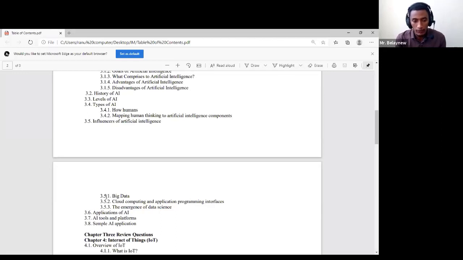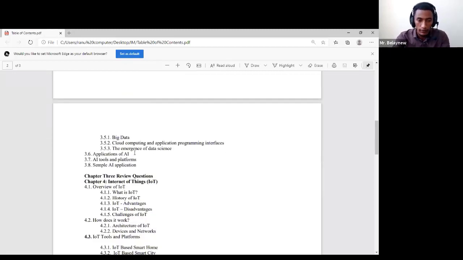So we will discuss cloud computing or cloud storage in this chapter, and also the emergence of data science or big data. And also we will see different applications of AI or artificial intelligence. And also we will discuss AI tools and platforms for different purposes, tools or software in order to build different artificial intelligence software. And also we will see simple artificial intelligence applications.